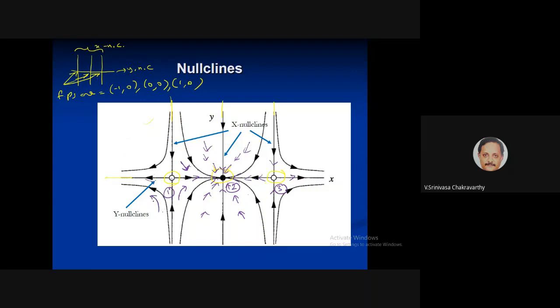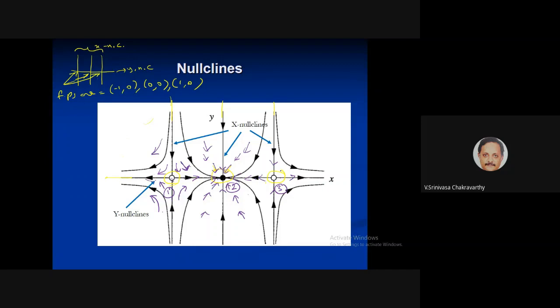If you are in the top left quadrant, you must be flowing downwards and leftwards. So the flow around the saddle is like that everywhere. And you can extrapolate that and imagine what the flow will be like slightly farther away from the fixed point.